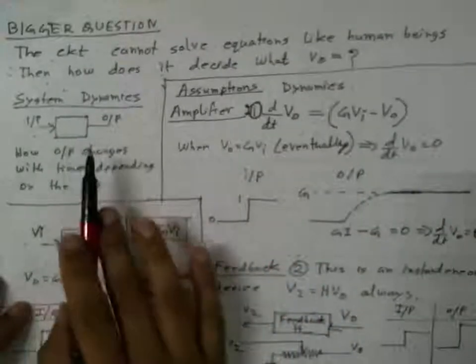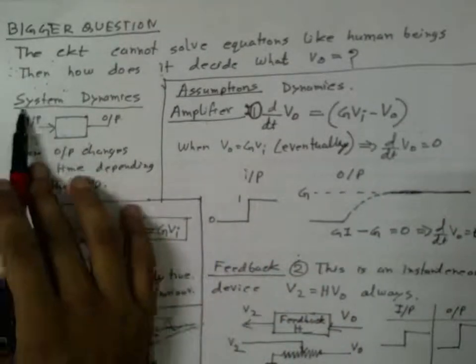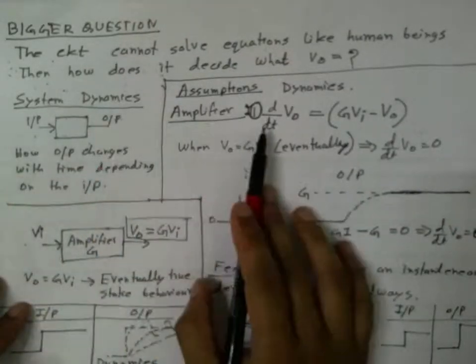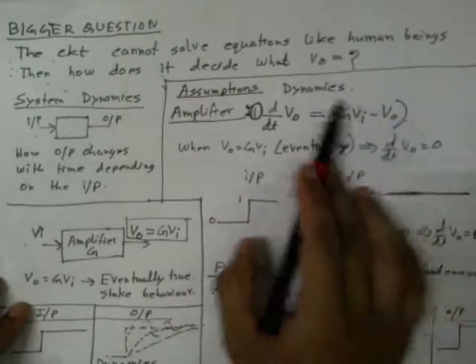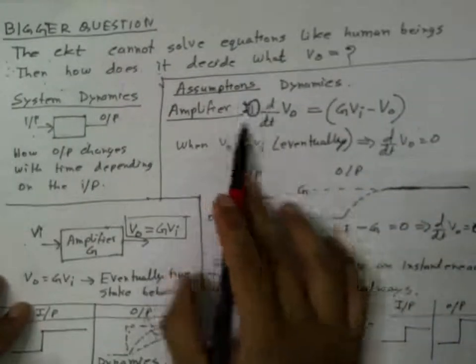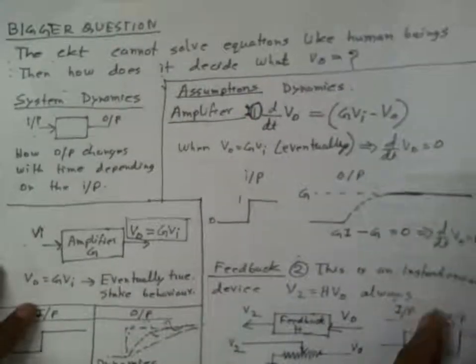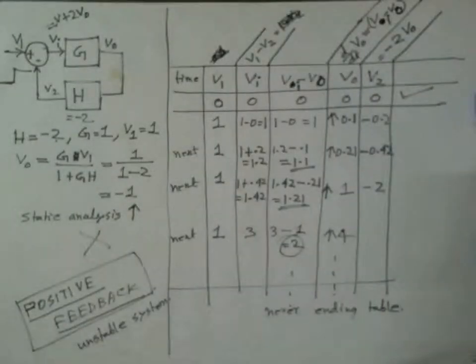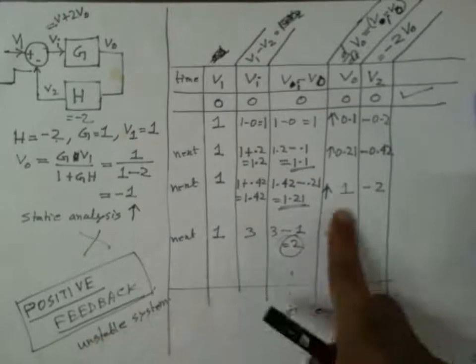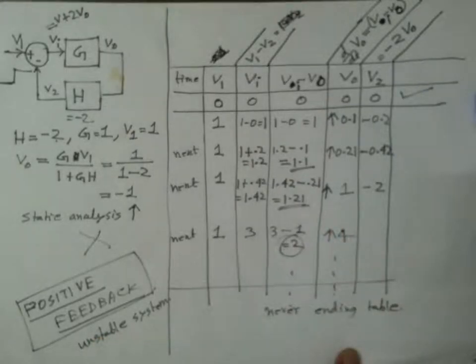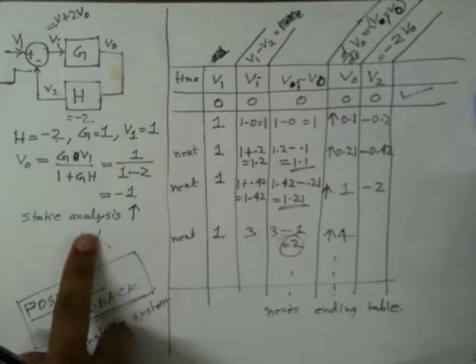And that led us to the discussion of system dynamics, and we used some simple example for this amplifier, and we came up to 2 situations. One is of positive feedback, where we saw that the system becomes unstable and the static analysis doesn't give the correct result.